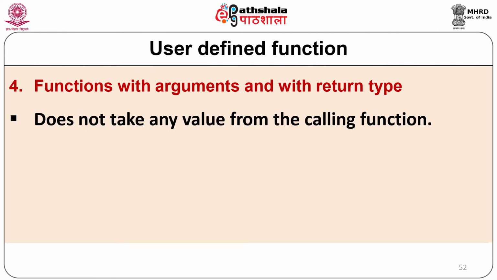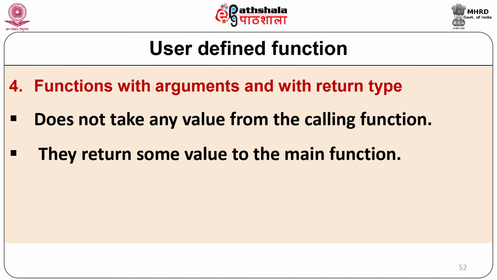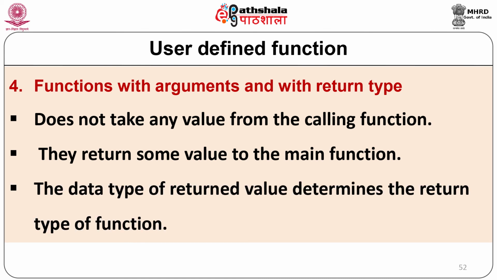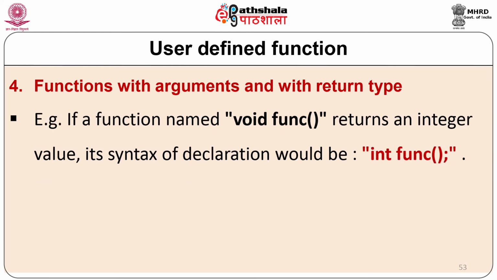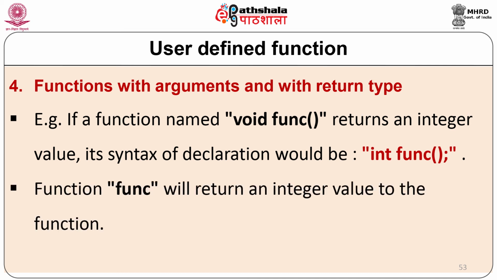This type of function does not take any value from calling function. After execution, they return some value to the main function. The data type of return value determines the return type of function. For example, if a function named func returns an integer value, its syntax of declaration would be int func. This means function func will return an integer value to the function from where it has been called.